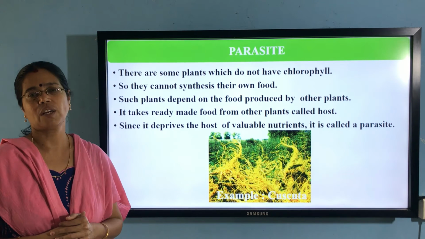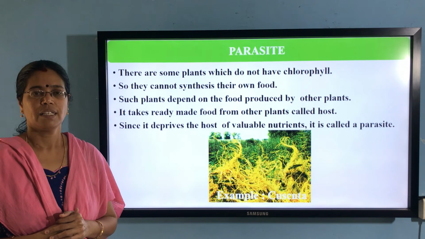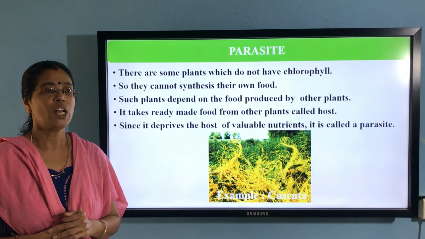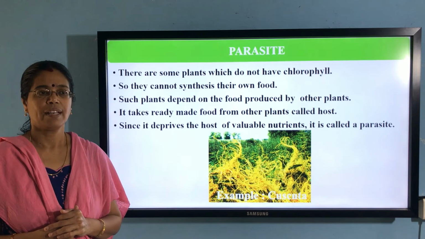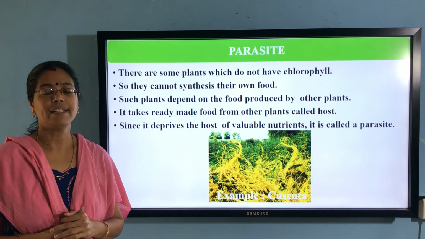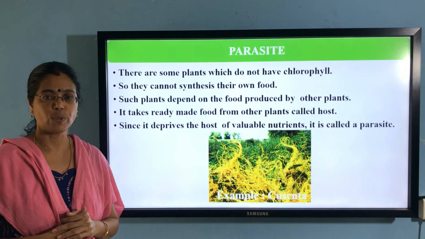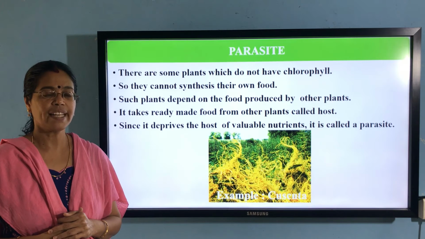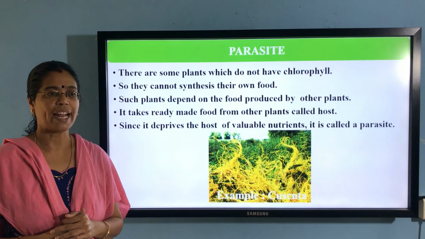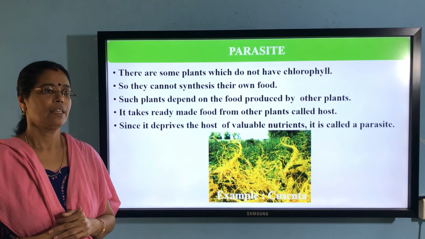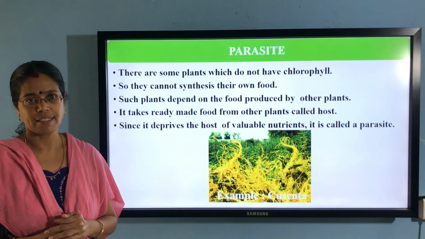So these plants are called parasitic plants. You might have noticed some yellow tender stem-like structures growing on trees and other branches. This parasitic plant is known as cuscuta. It takes the nutrients from the plant which it climbs. Such a plant is known as a parasitic plant.